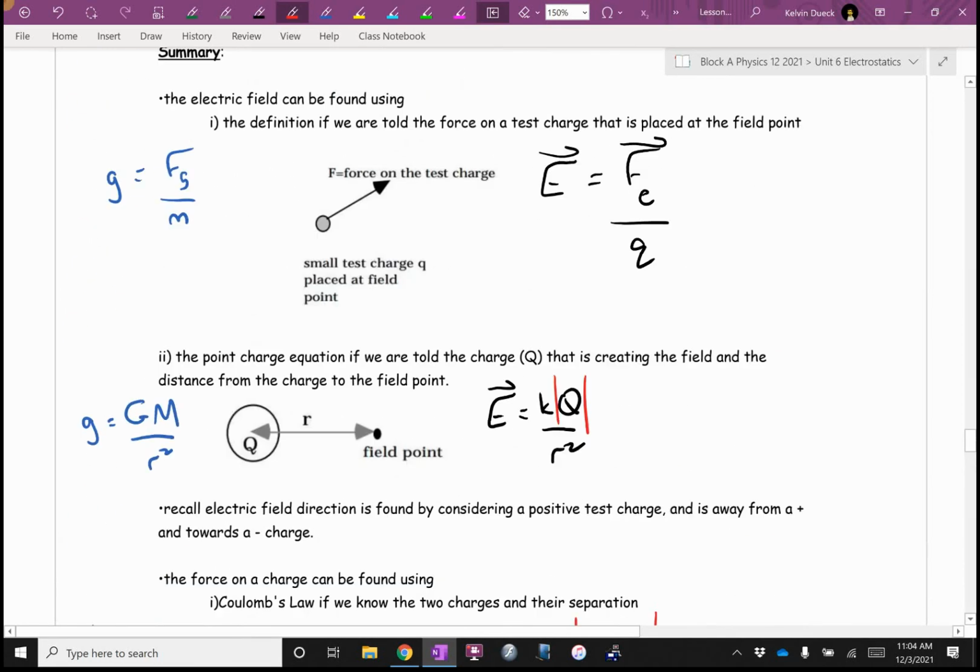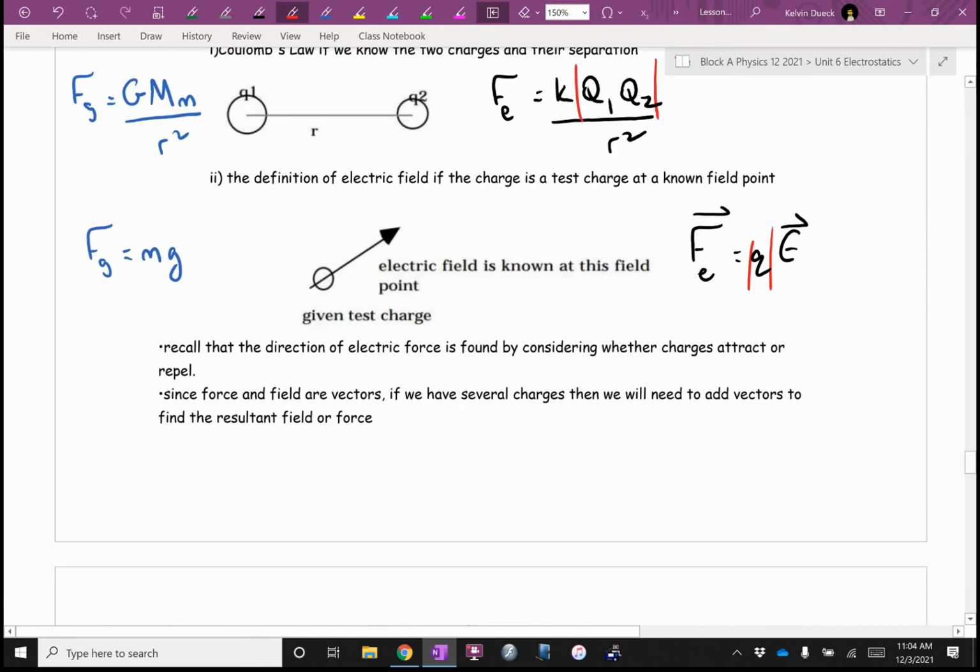Oh, I think there's one more. Absolute value sign would go there too, technically. Okay? Since force and fields are vectors, if we have several charges, then we'll need to add the electric fields vectorially, sometimes tip to tail if they're at angles, or, if they're in a nice straight line, winner minus loser. And for forces, same idea.